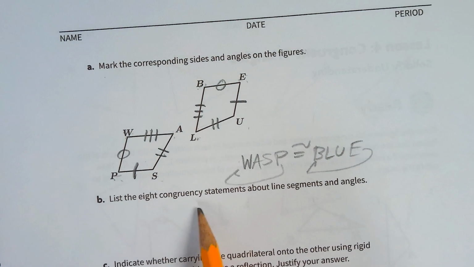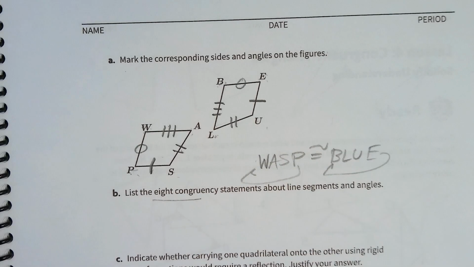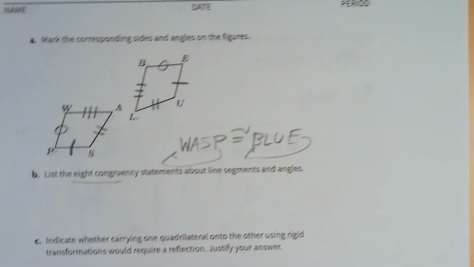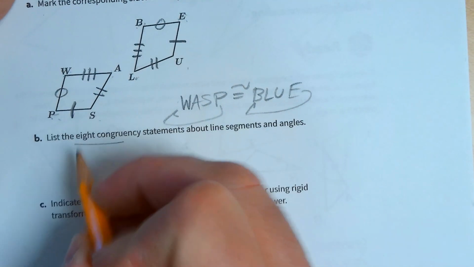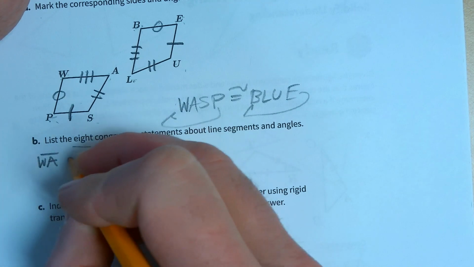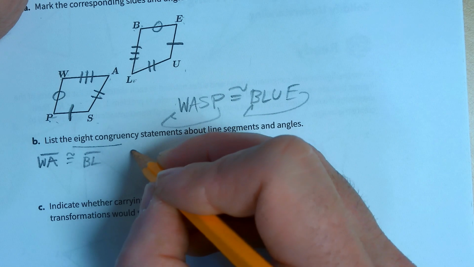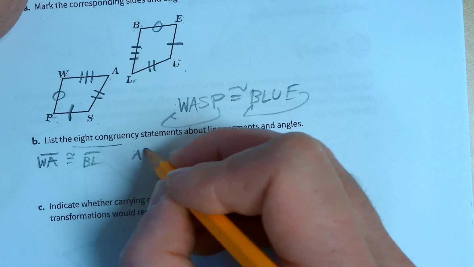List the 8 congruency statements about line segments and angles. 8. Here we go. Settle in. Segment WA is congruent to segment BL. Segment, I gotta figure out a way to do this faster.